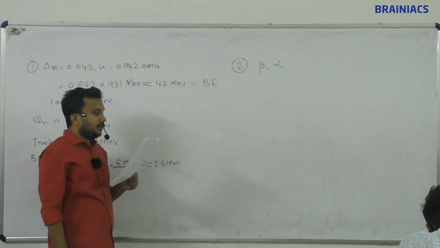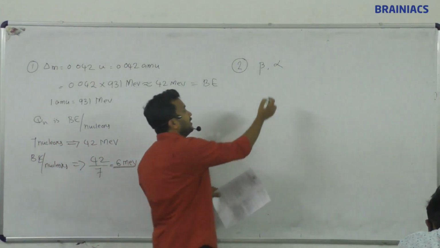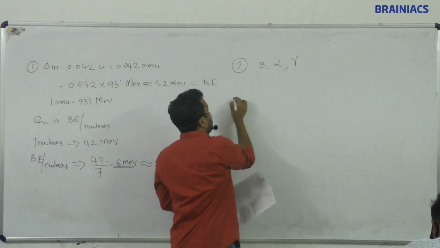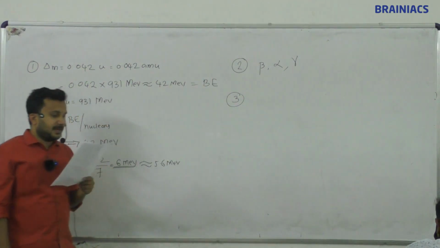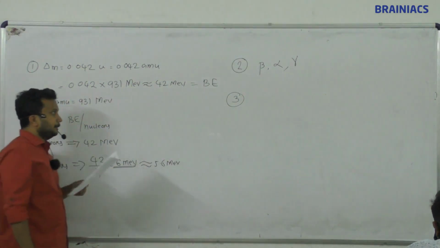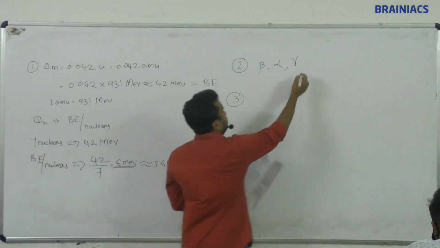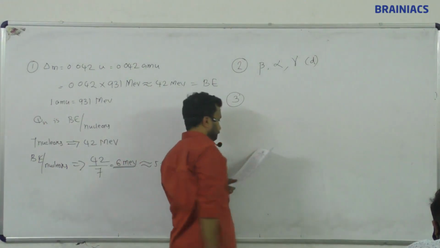Third, atomic number and mass number are unchanged, so it is a gamma emission. So beta, alpha, gamma. The answer is option D.